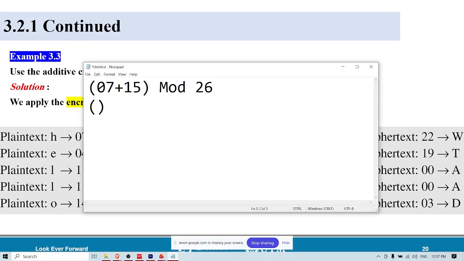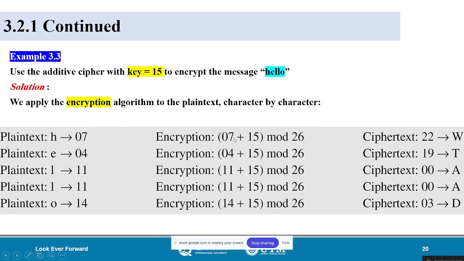Now here is 22 mod 26. Now what should I do? I'll say that 22 is equal to 26 multiplied by something plus something. Now in here, I will multiply this by 0 and I will add 22. Okay, so this is the remainder. This is what I want. Now, if you could see that 7 plus 15 is 22, and 22 mod 26 would be 22.